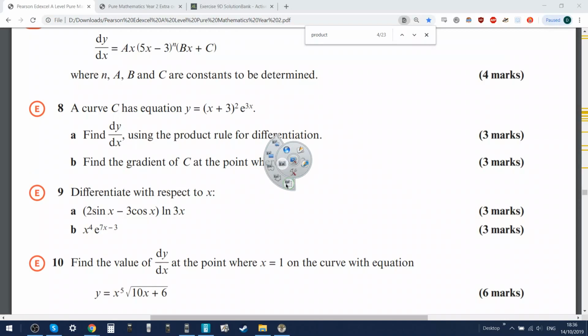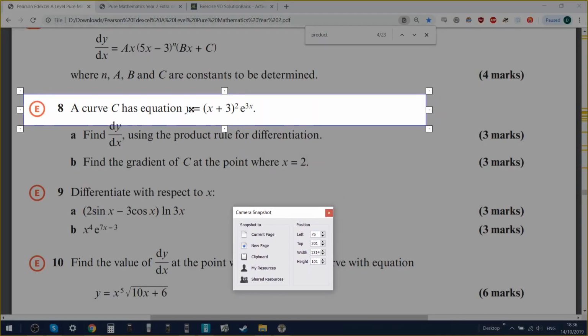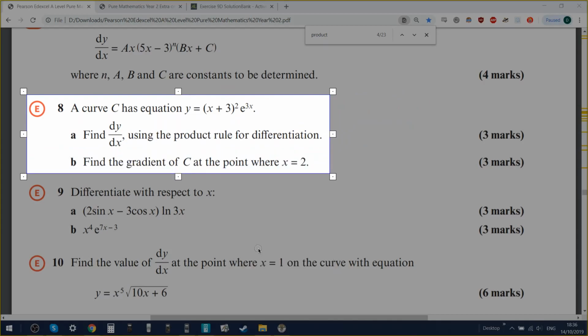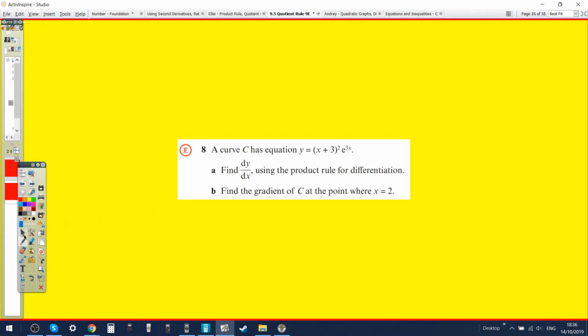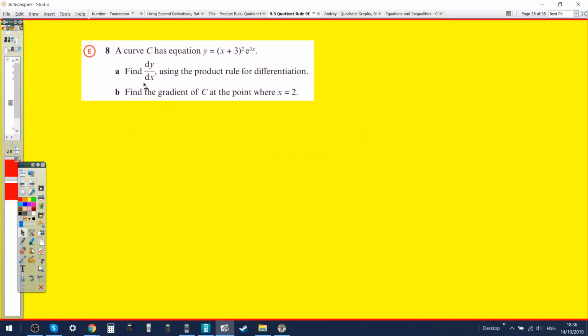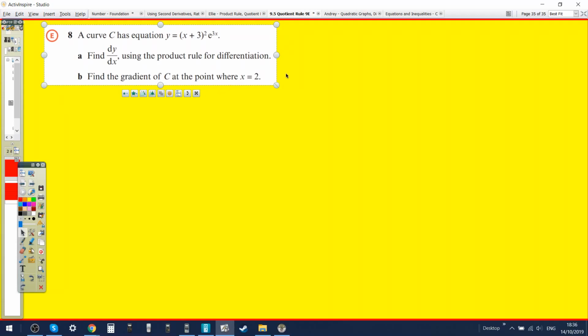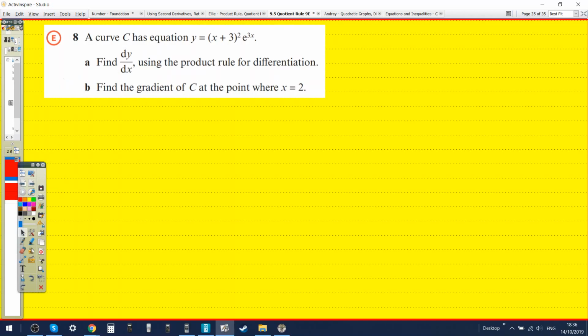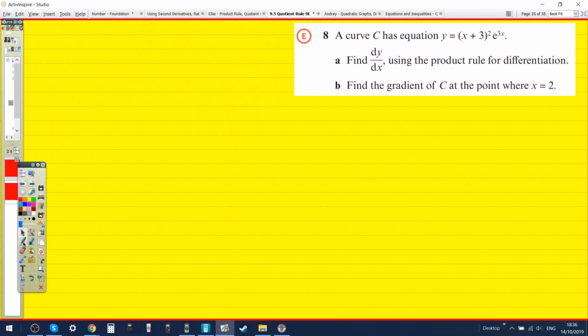Okay, so let's do this one. Question 8, exam question. You can see how for an exam question it's forcing you, part A, to do it the old-fashioned way, the non-calculator way.